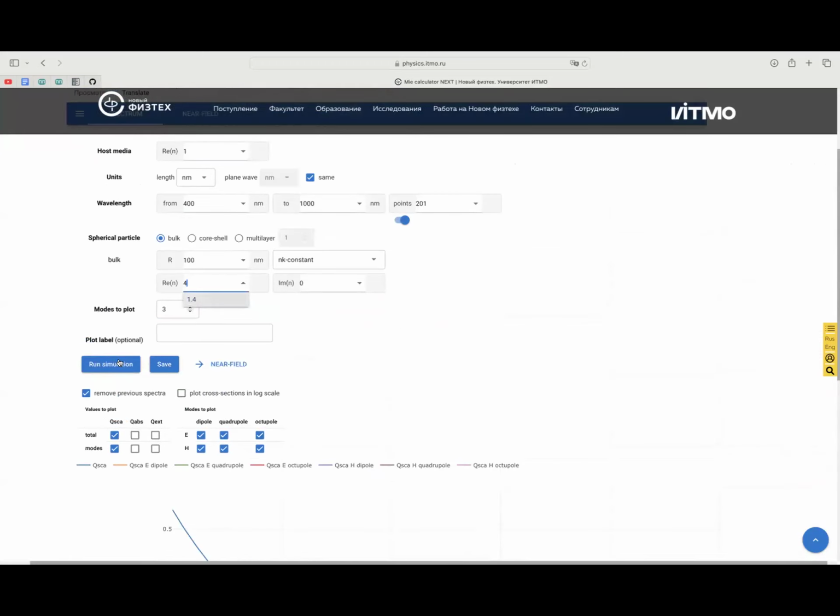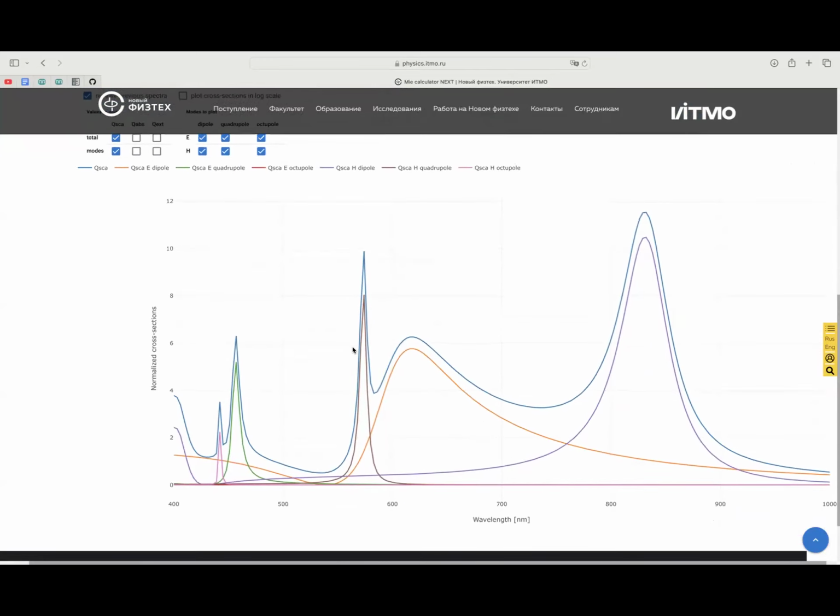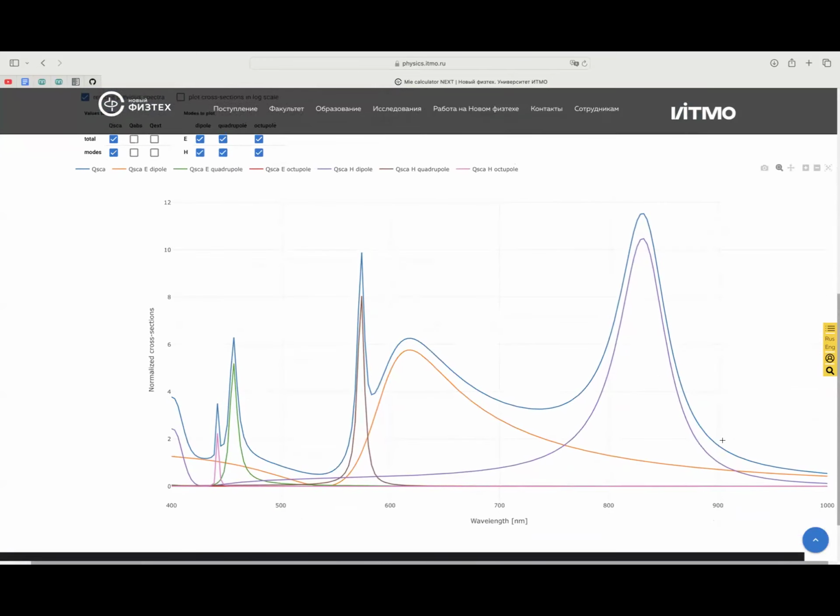Let's put 4 here, so we have something like this. We see some pronounced resonances, and the first resonance is the magnetic dipole resonance, then comes the electric dipole resonance.